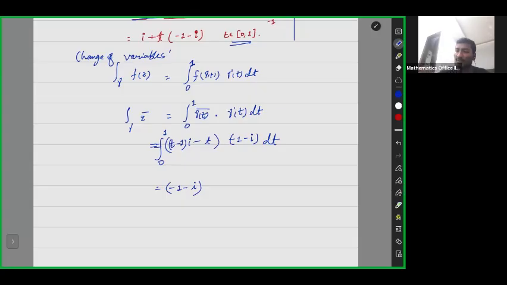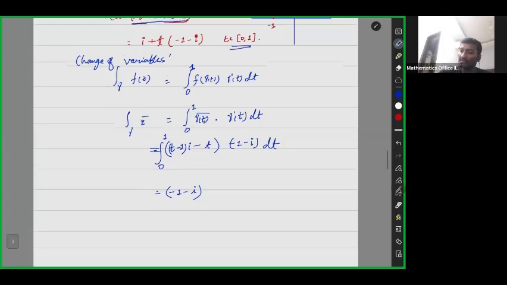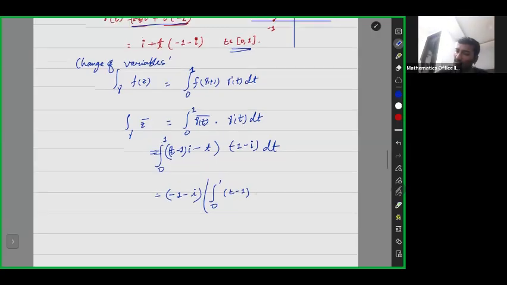Inside, we can separate it out this way: the integral from 0 to 1 of (t minus 1) i dt, with i outside because i is constant, plus minus t dt from 0 to 1.